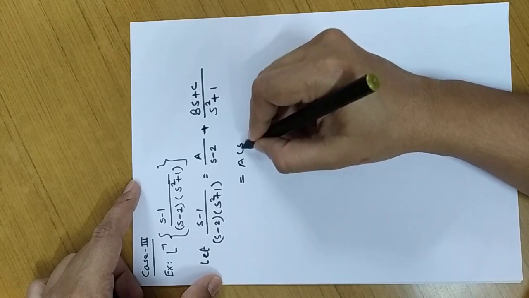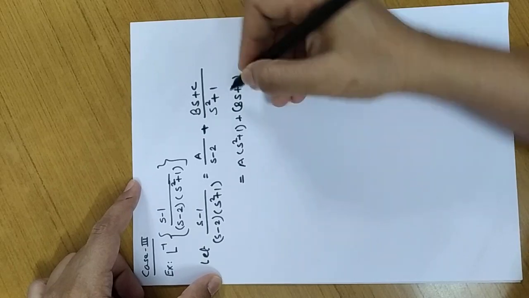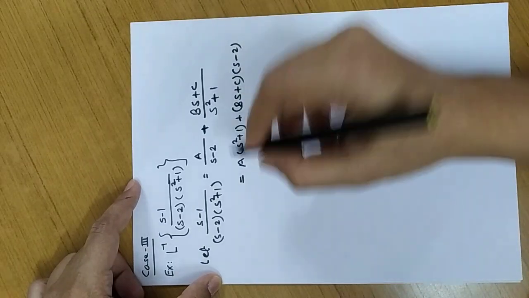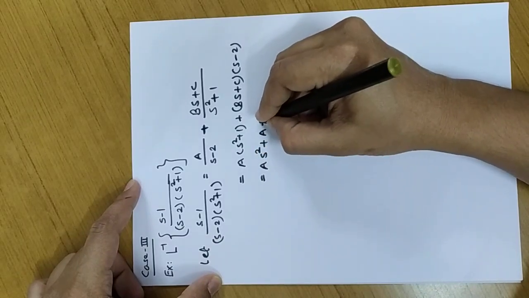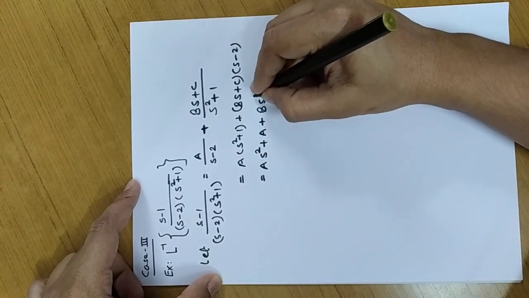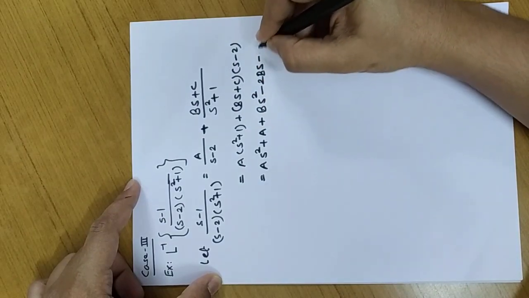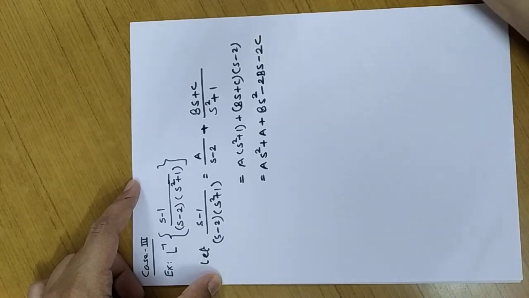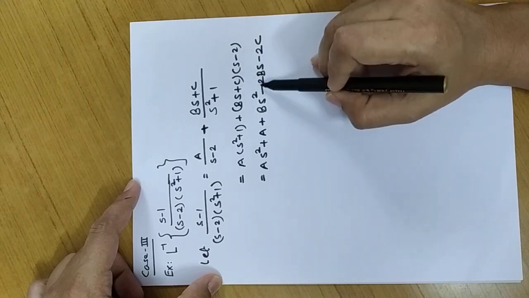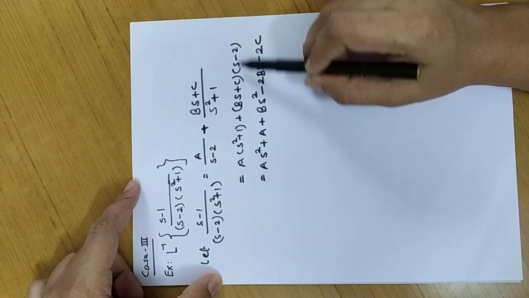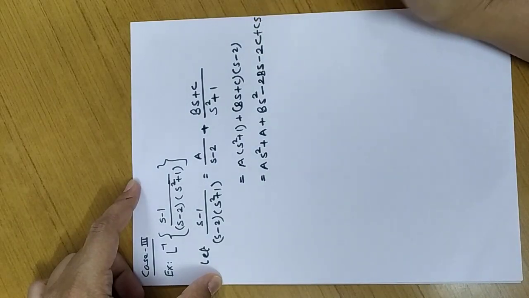Now simplify the right hand side part. A into s square plus 1 plus Bs plus C into s minus 2. That is As square plus A, plus Bs square minus 2Bs, plus Cs minus 2C. Clear?